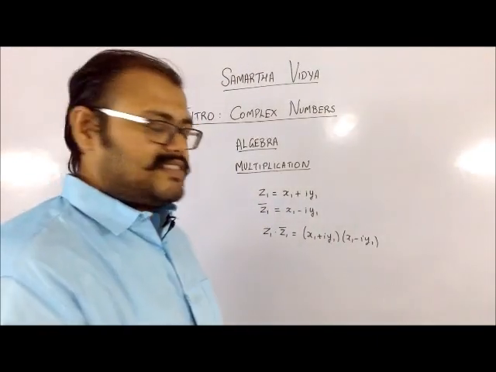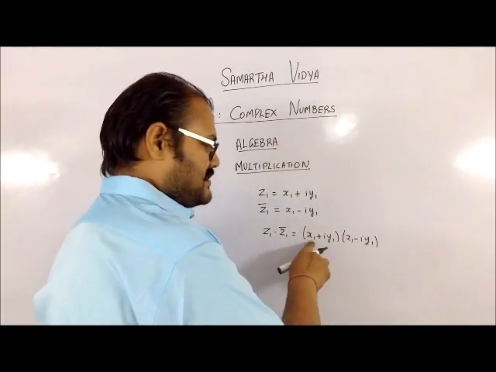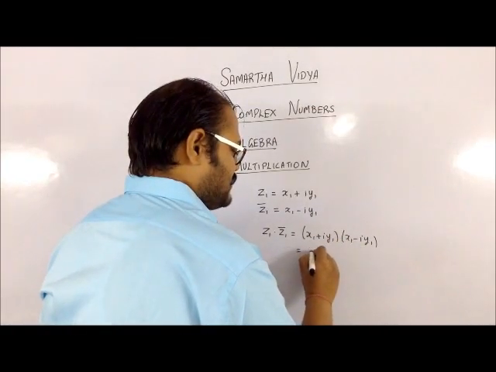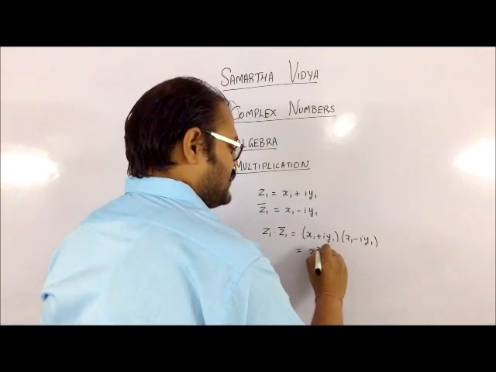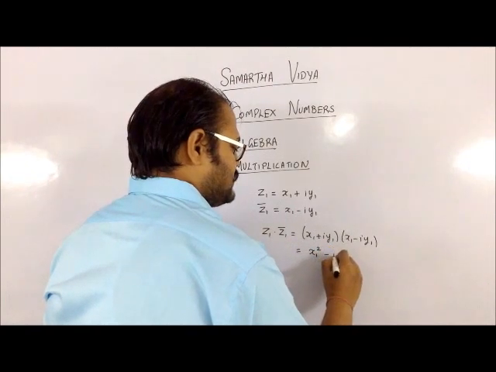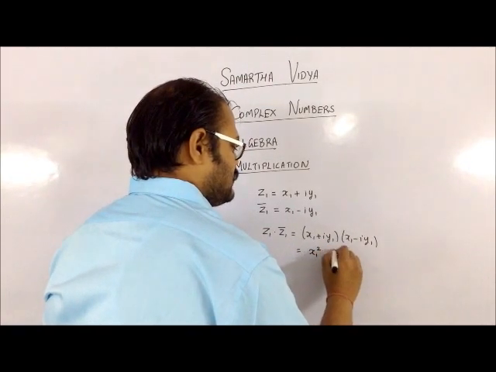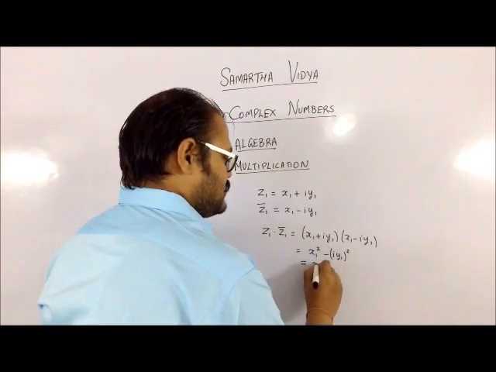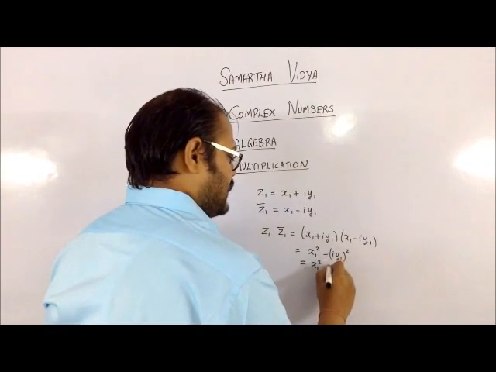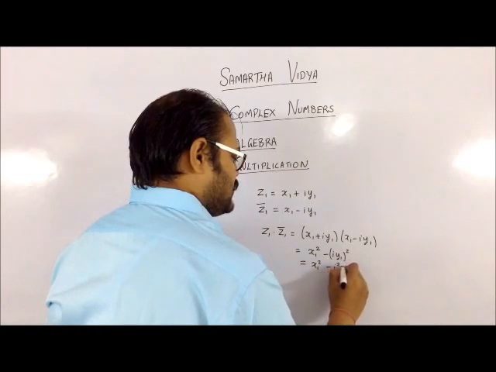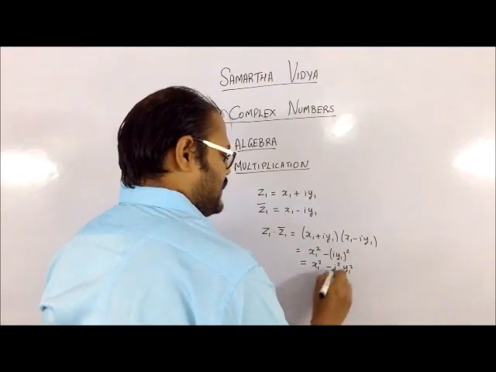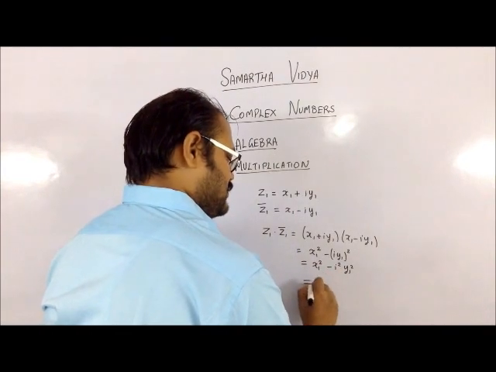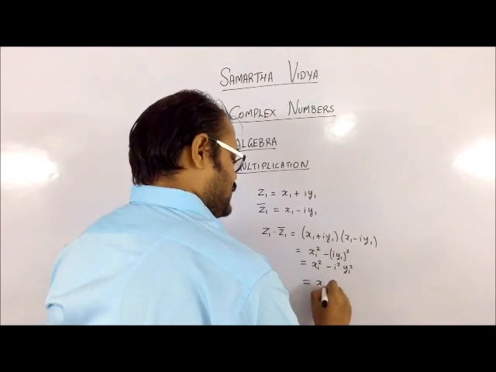If you observe this multiplication, it is (a + b) into (a - b), which has the formula a square minus b square. So it is x1 square, and this becomes minus i square y1 square. i square has a value of -1, and already a minus sign is there, so that minus sign changes to plus.